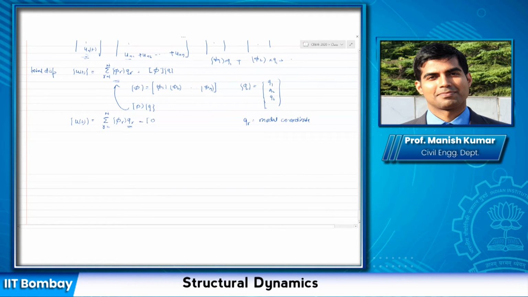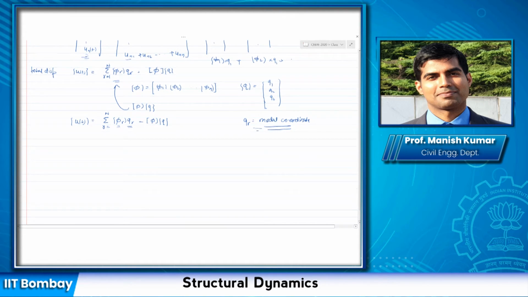Remember, my goal now is to find out this modal coordinate, which represents the contribution of each mode to the total response. I already know phi_r, the mode shape that I have determined. So to find the total response, I need to find the modal coordinate.